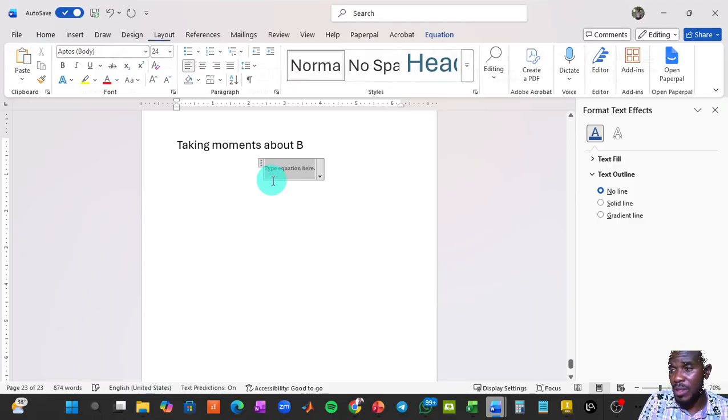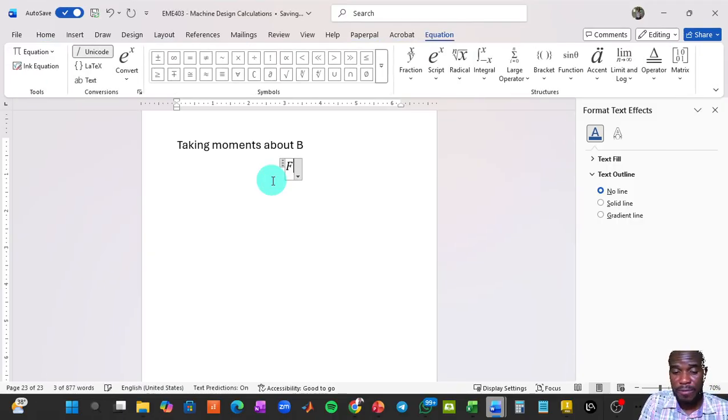So taking moments about that, it means that FDH times the distance between these two, which is 0.2 meters. It should be the same thing as the radius, I beg your pardon.